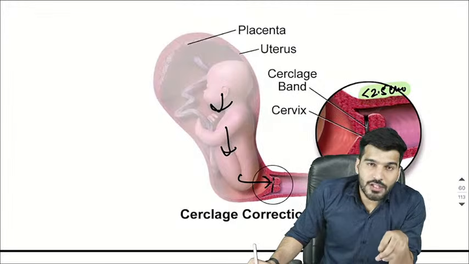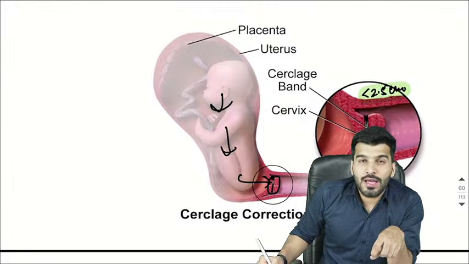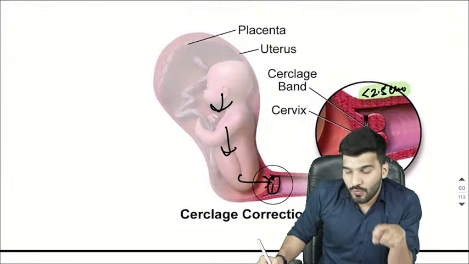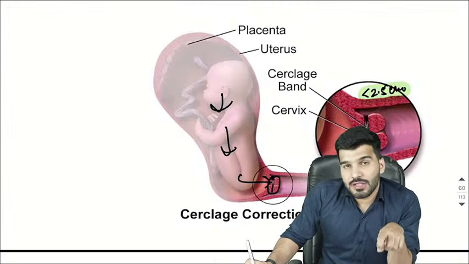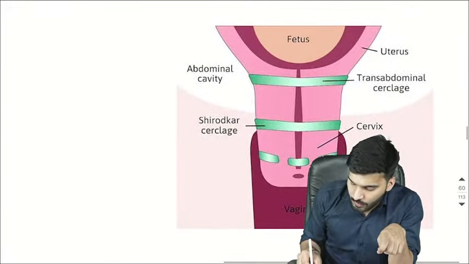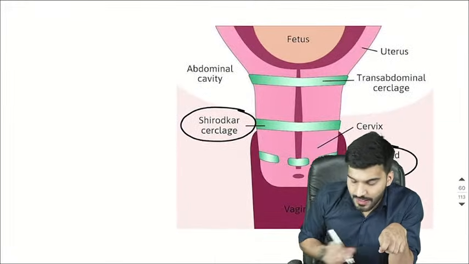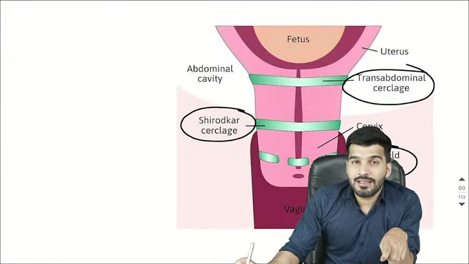So what will be the treatment? You will put a band or cerclage over here, which is called a McDonald cerclage. The most common cerclage we use is the cerclage on the cervix, called the McDonald cerclage. Above that, if we put a cerclage, that is going to be a Shirodkar cerclage, and above that we have a transabdominal cerclage.